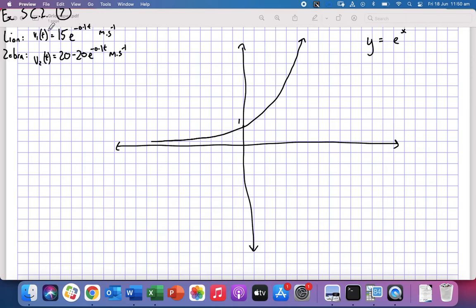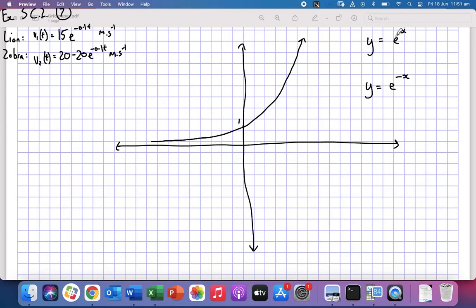But here I'm looking at v1, and for v1 we actually have 15 e to the minus 0.1x. Not so worried about it being a minus 0.1, I'm just thinking of what y equals e to the minus x looks like compared to the exponential that I know about, the simple one.